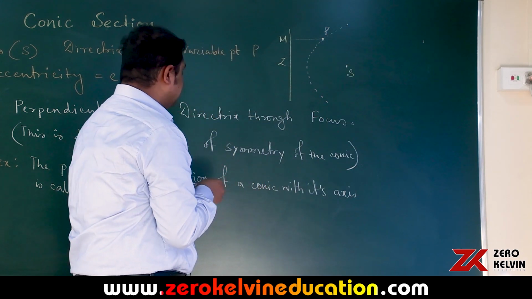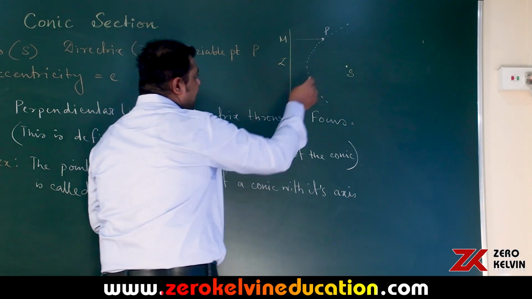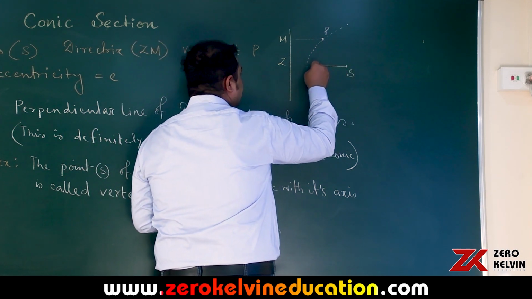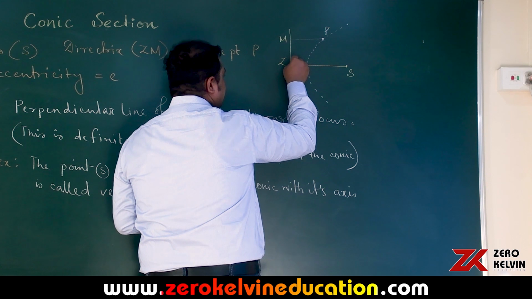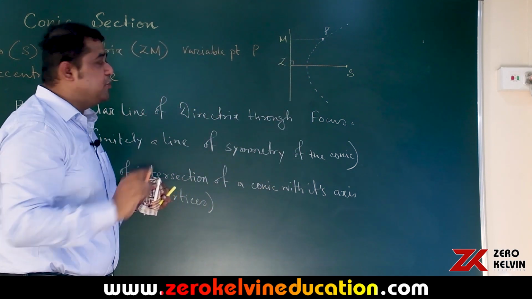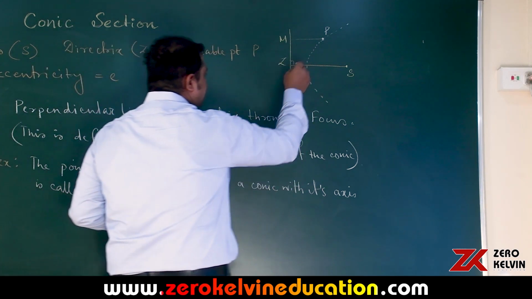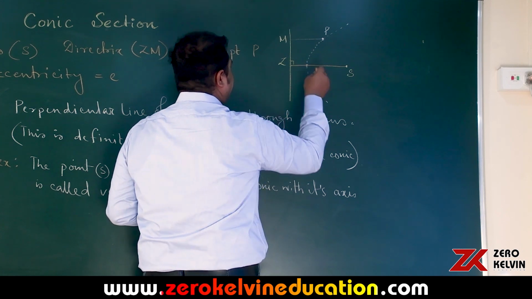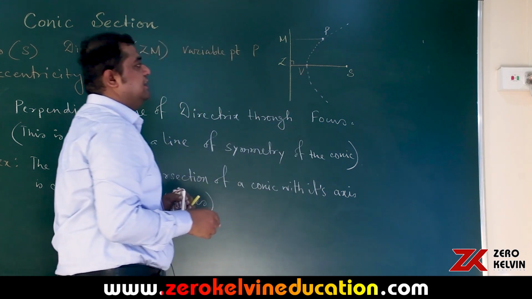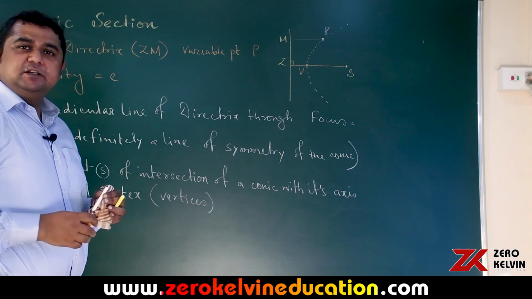So, in that case, the axis will be marked as SZ, perpendicular to directrix through the focus, and where it is meeting the curve, this point will be marked as vertex. We can mark this as V.